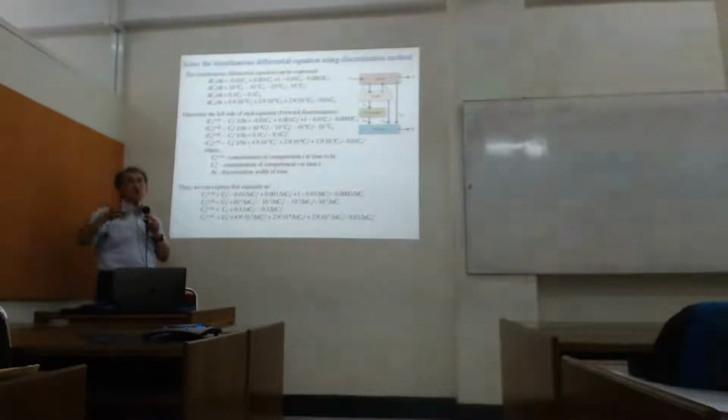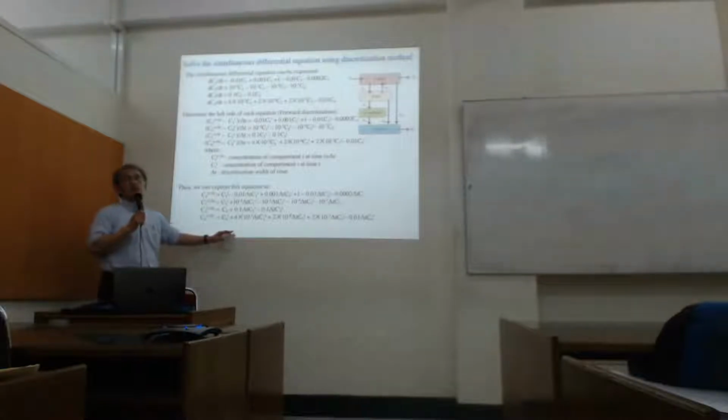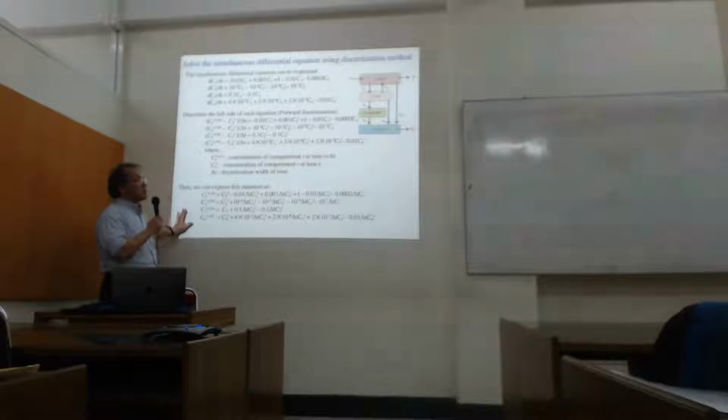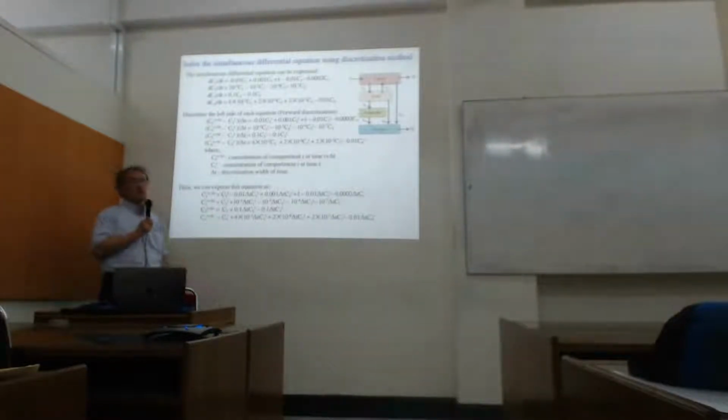So you can calculate the concentration at any time. This is the numerical simulation, and this is the simplest method of computer simulation. We call it the forward differentiation, or forward method.